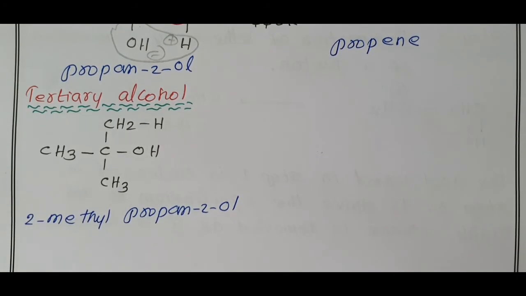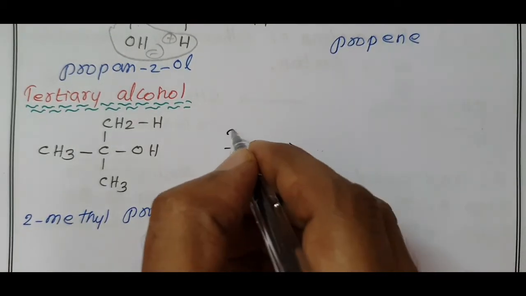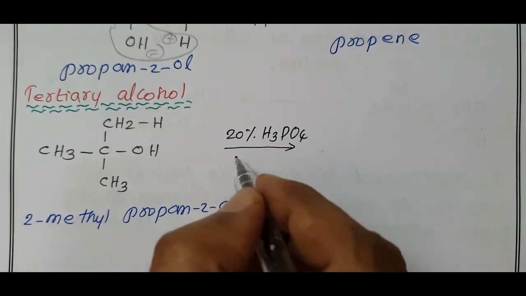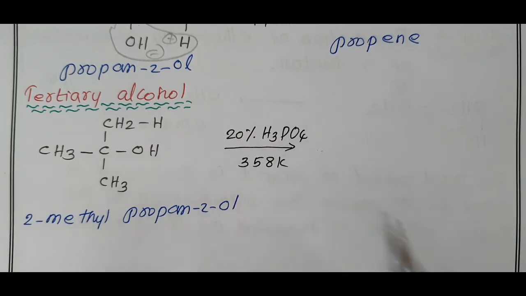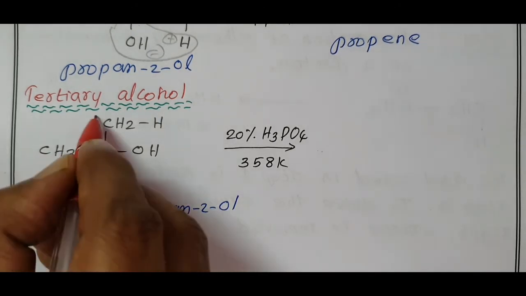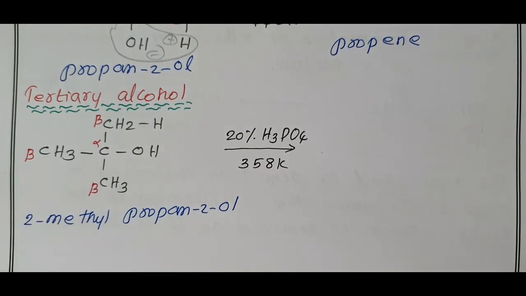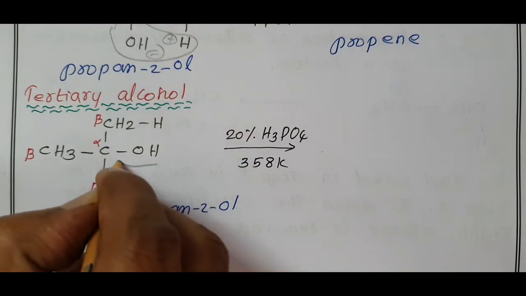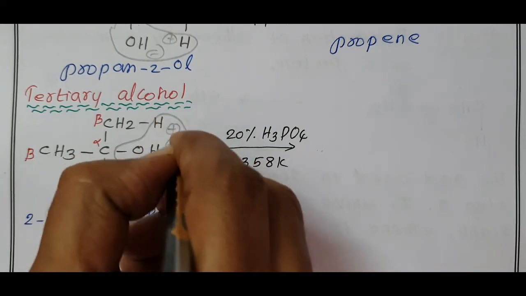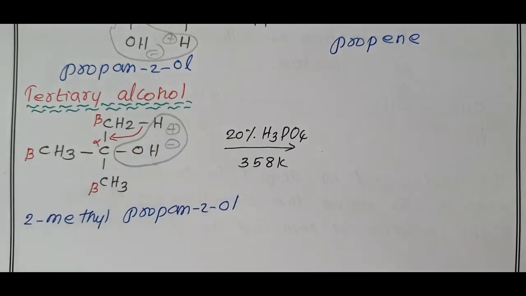Undergo intramolecular dehydration in presence of the dehydrating agent, 20% orthophosphoric acid, H3PO4, and when heated to 358 Kelvin. The carbon atom to which the functional group is attached is called the alpha carbon atom. The next carbon atoms are called beta carbon atoms. One OH is removed from the alpha carbon atom, another H plus is removed from any one of the beta carbon atoms, with loss of a water molecule, and this bond is shifted between carbon and carbon.